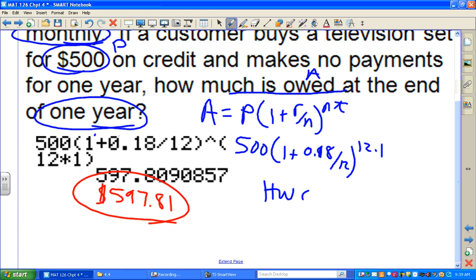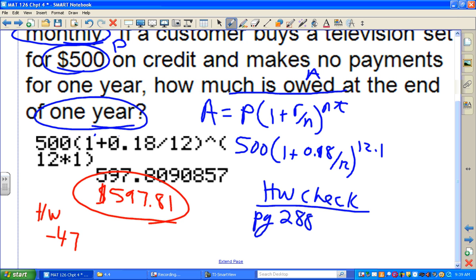So, homework check. On what page? 288. How far did we get on this section?